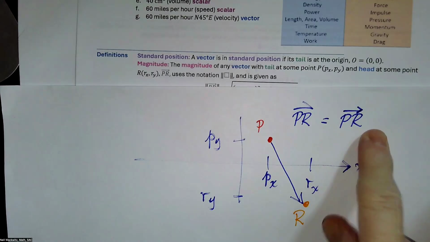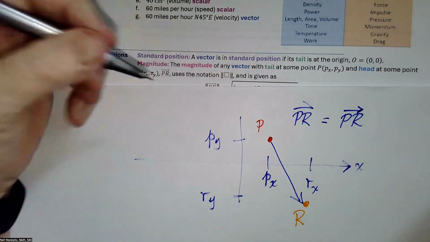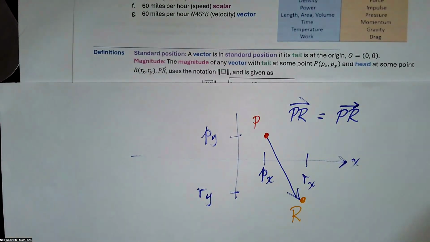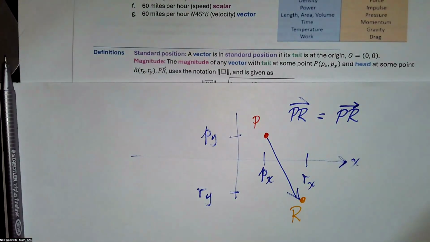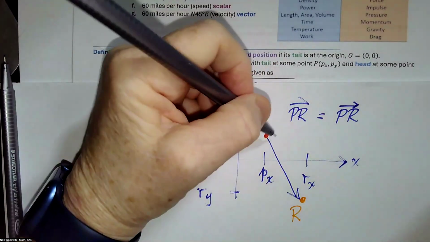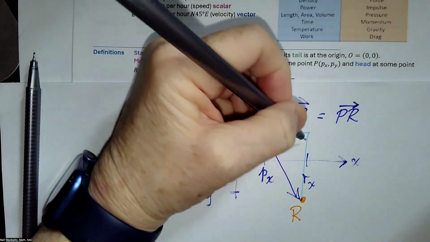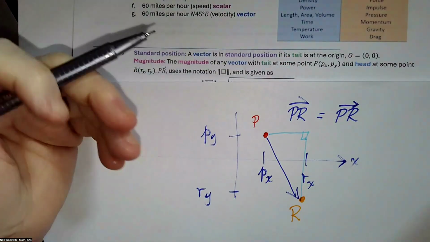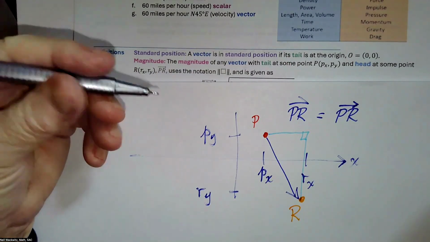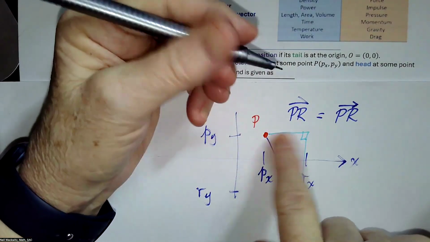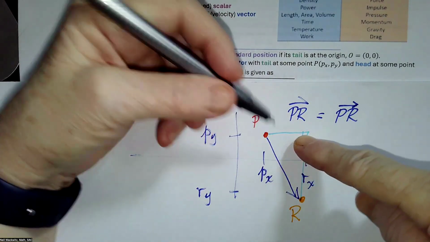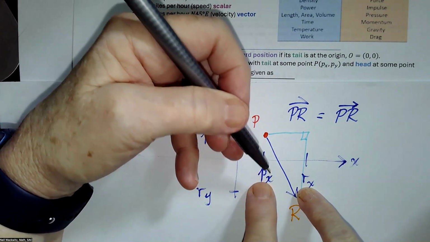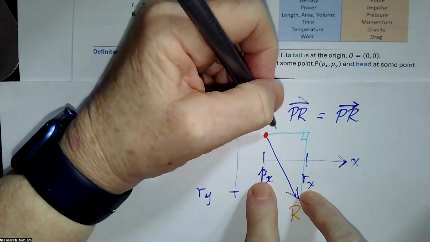So this means from P to R. And if we draw a triangle, I can see that this horizontal distance is the distance between P sub x and R sub x.